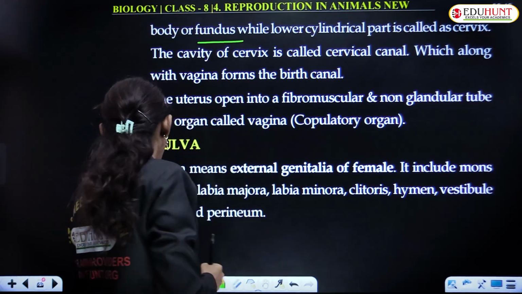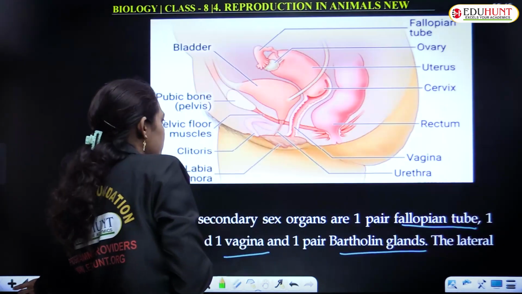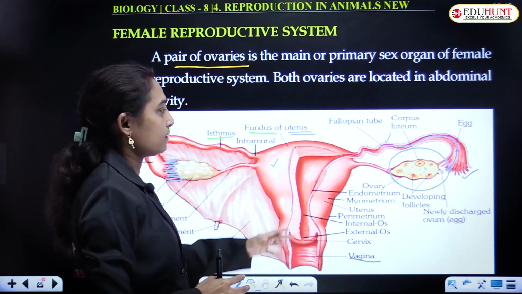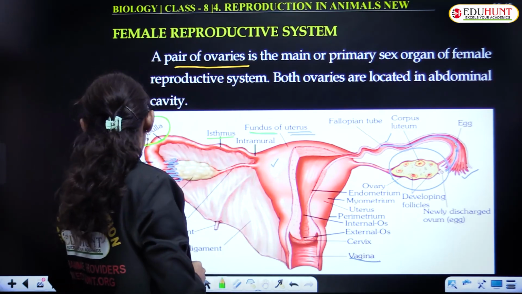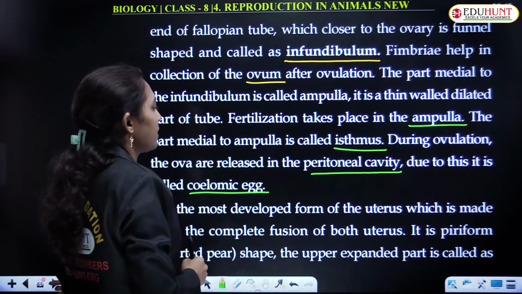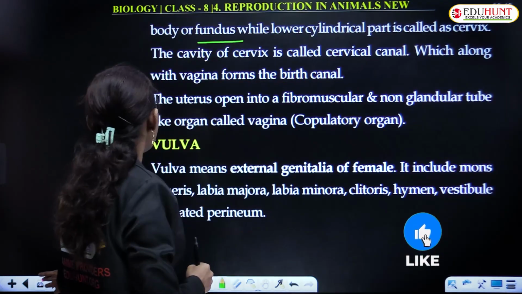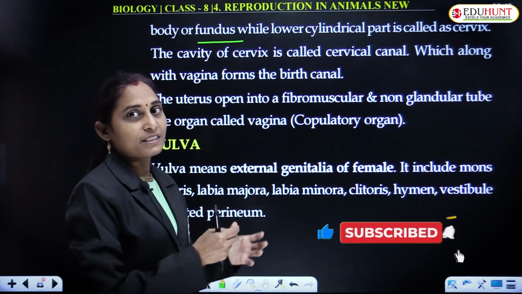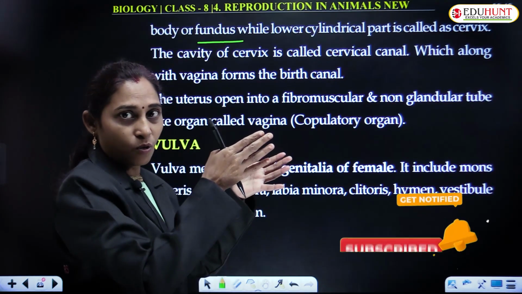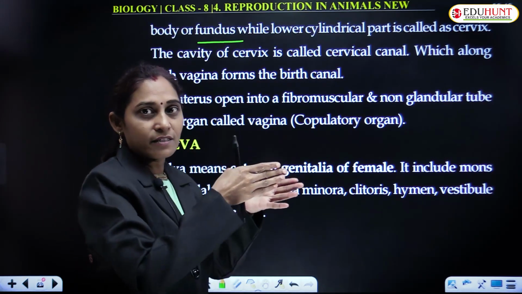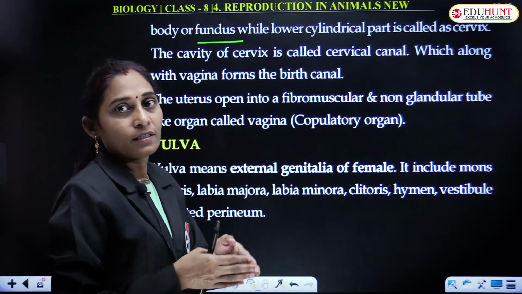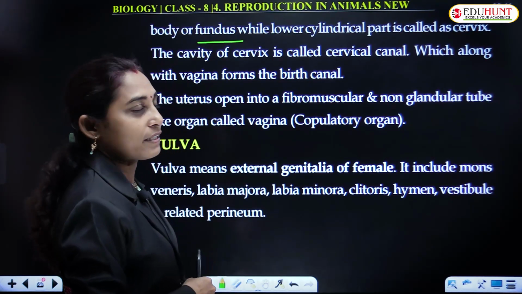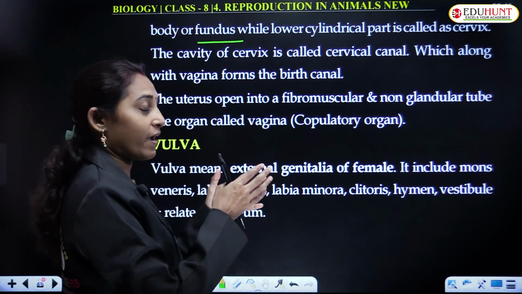The uppermost portion of the uterus is the fundus, and the lower cylindrical part, which is narrow, leads into the vagina. The cylindrical part is called the cervix, and it has the cervical canal.